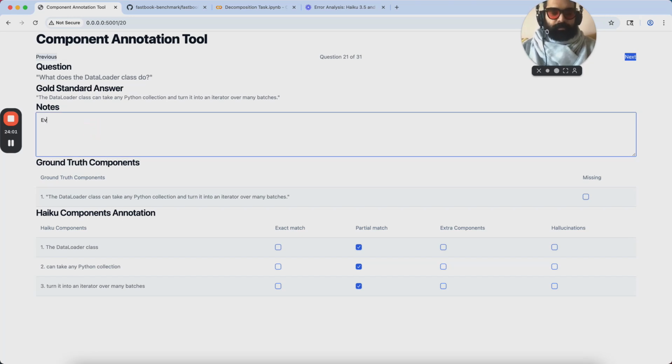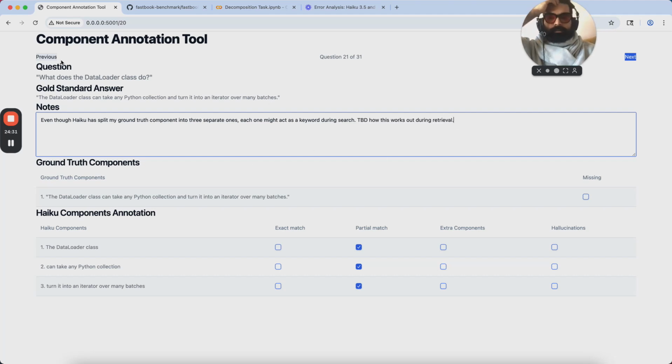I think even though Haiku has split my ground truth component into 3 separate ones, each one might act as a keyword during search. TBD how this works out during retrieval. So another one where we'll just have to let our retrieval process tell us if it works or not.